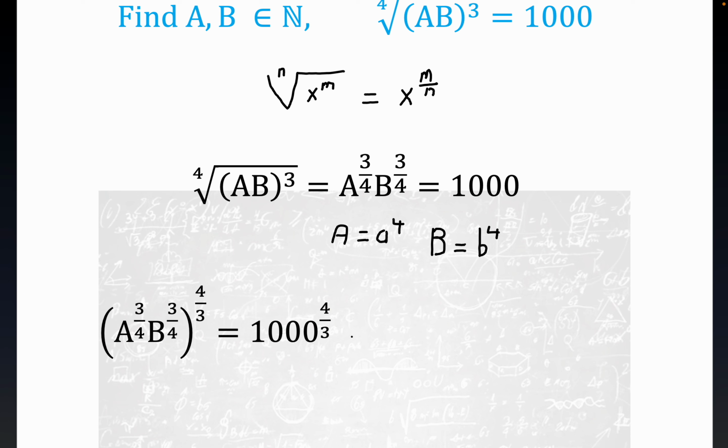And so this would imply that the product AB would be 10 raised to the fourth power. The third root of 1,000 is just 10, so this 4 remains, but that's just equal to 10,000, right?